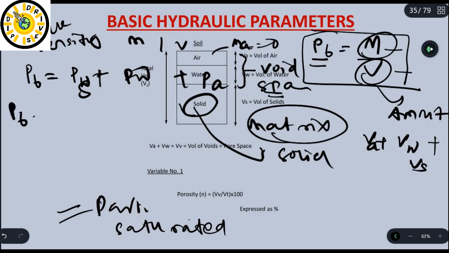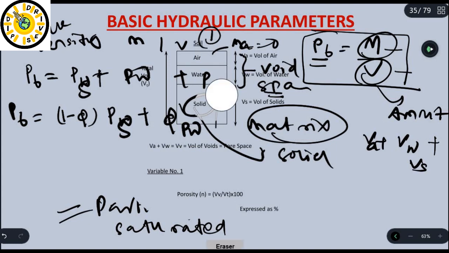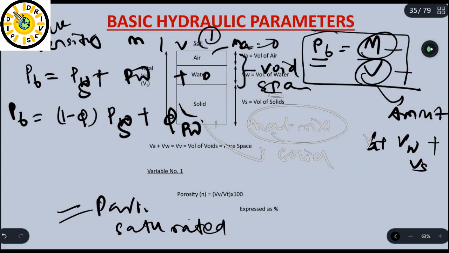Suppose so rho b can I write? So 1 minus phi, अगर इसको 100% लेते हैं, 1 लेते हैं, 100 means 1, right? In fraction. So 1 minus phi amount is contributed to solid part, and phi amount is contributed to water part, and phi amount is contributed to air part.